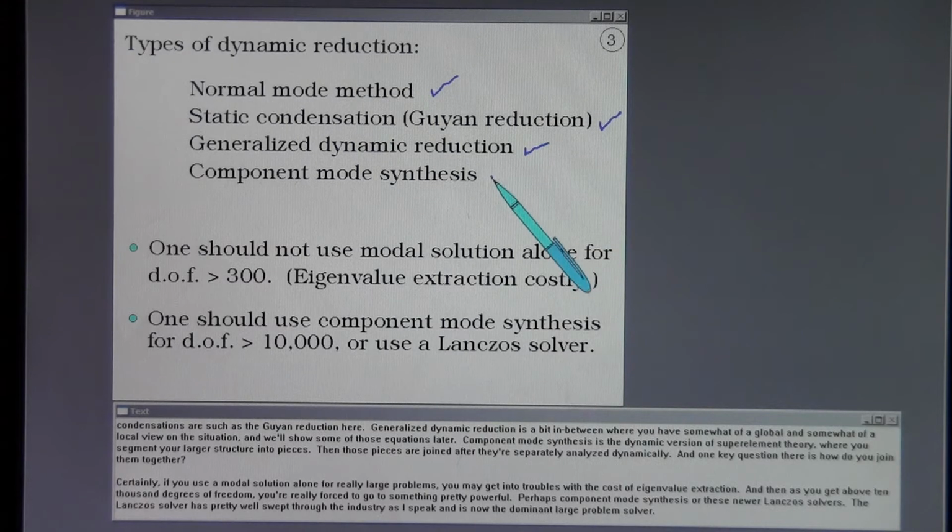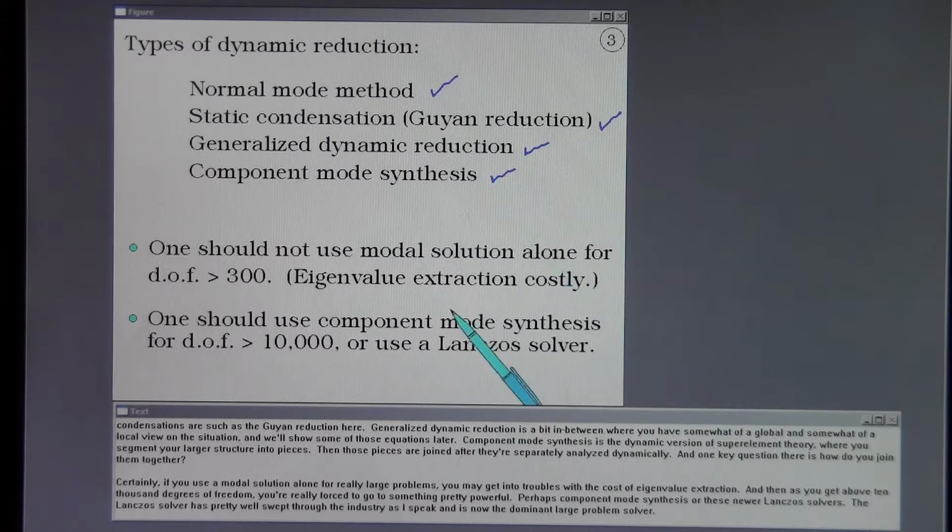Component mode synthesis is the dynamic version of superelement theory, where you segment your larger structure into pieces. Then those pieces are joined after they're separately analyzed dynamically. And one key question there is, how do you join them together?